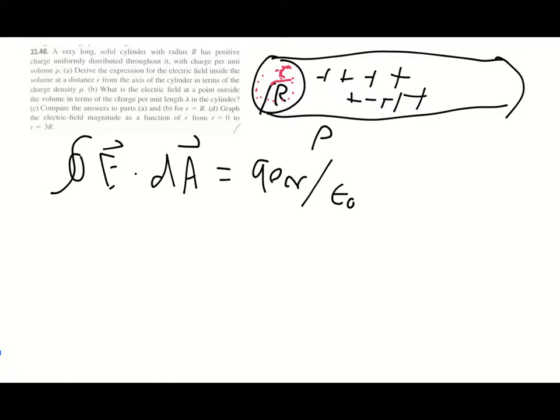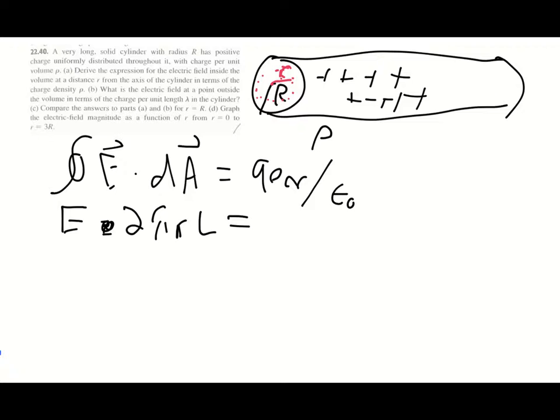Again, we're going to have a uniform field across my Gaussian surface, which is another cylinder. So it's going to be E times 2 pi r L, the length of the cylinder. Again, we're hoping that divides out because that is not information we're given.